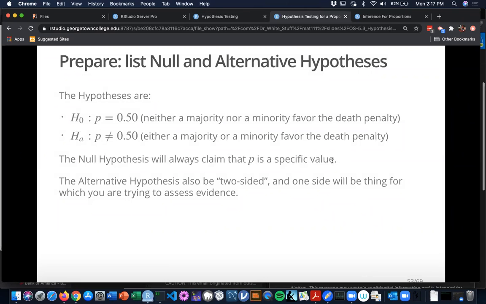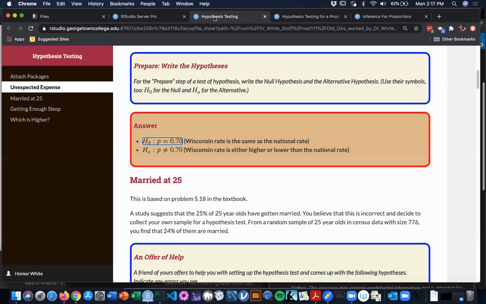So what should you claim in this case? Well, we've got this figure of 70% for the nation. We're wondering if Wisconsin is above that rate or below it. So why not let the null say that p is at that rate for Wisconsin? And then the alternative can disagree. It can be saying that Wisconsin is either higher than that or lower than that.